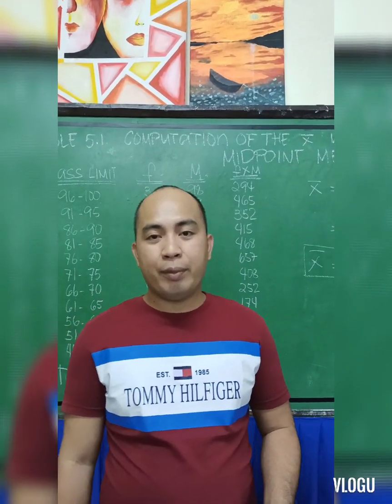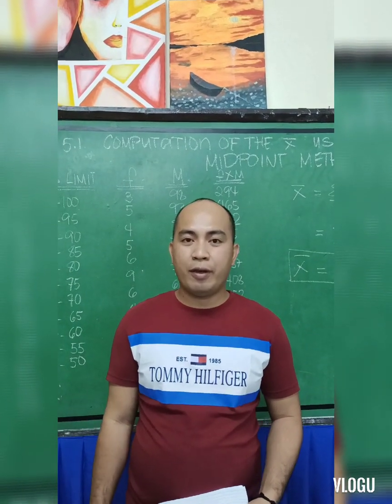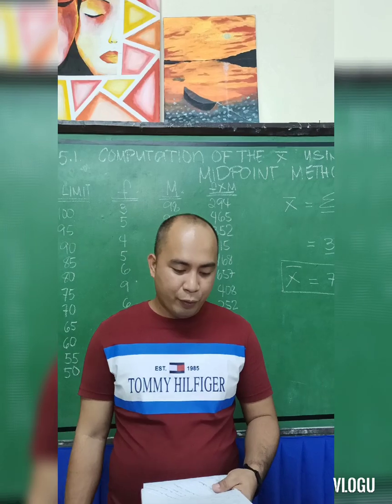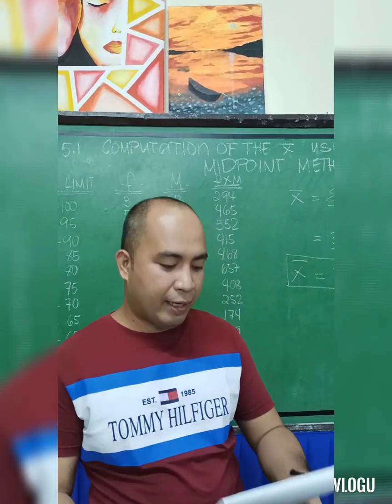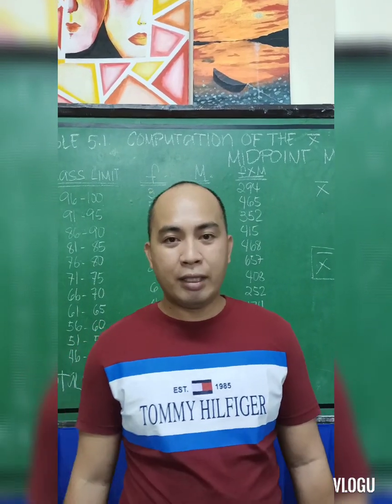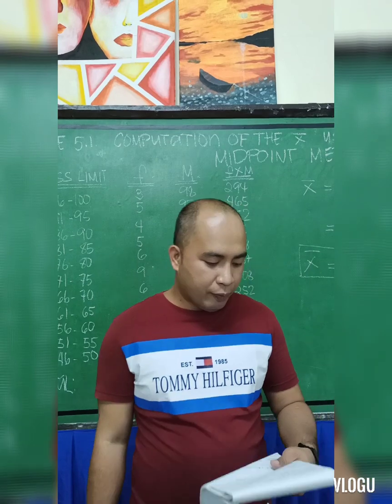We have the measures of central tendency, and the second one is measures of variability. But in chapter 5, let's focus on the measures of central tendency. This concept is very important and helpful for us to understand the performance of a group.